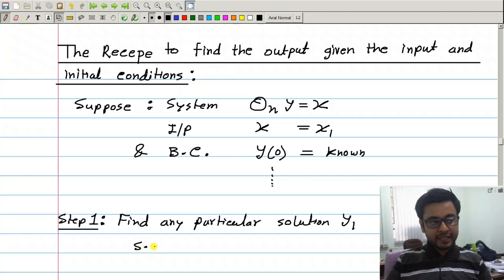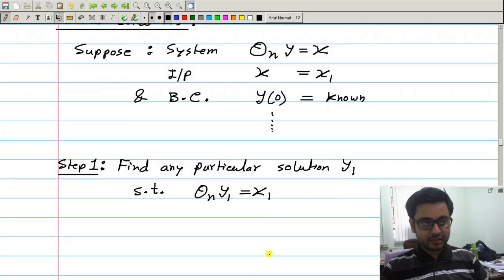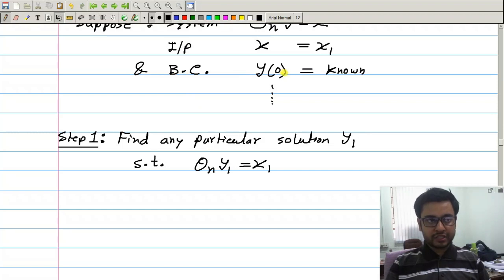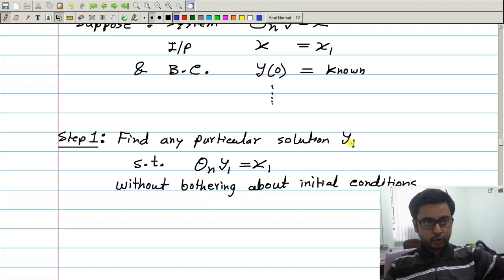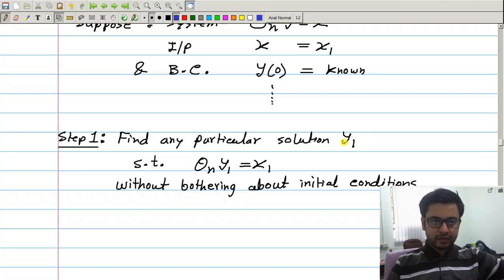So find any one solution such that O acting on y1 is equal to x1, without bothering about the boundary conditions. The boundary conditions or initial conditions need not be obeyed. Now, how to get such a y1, that is what we shall see later.